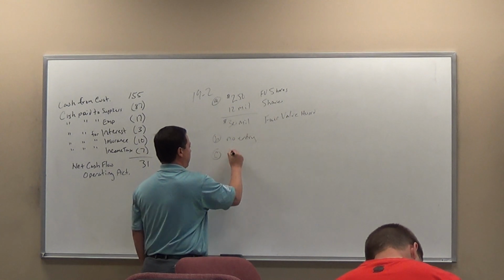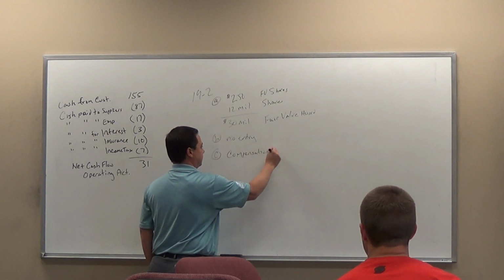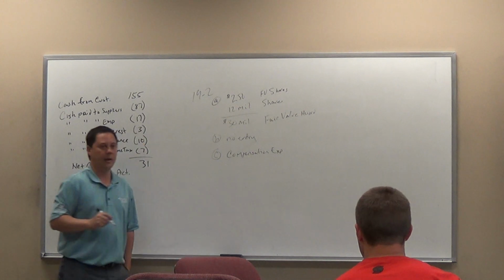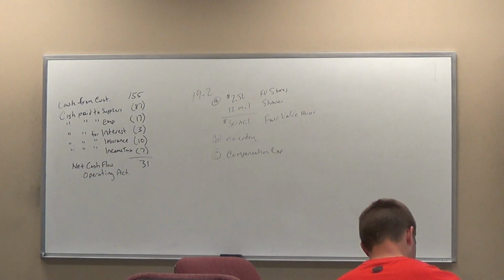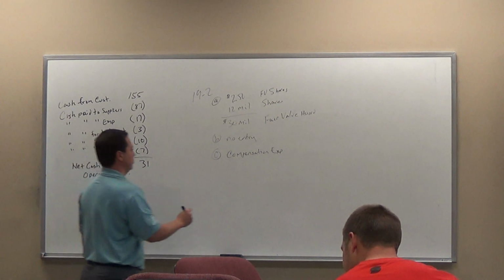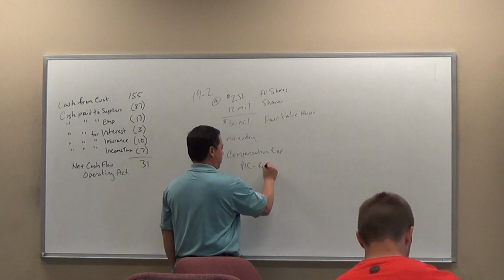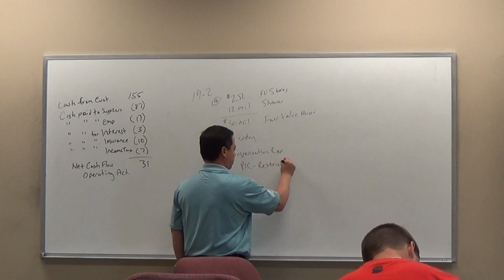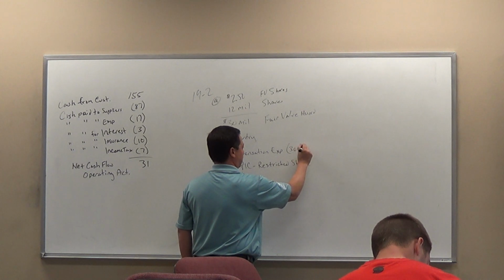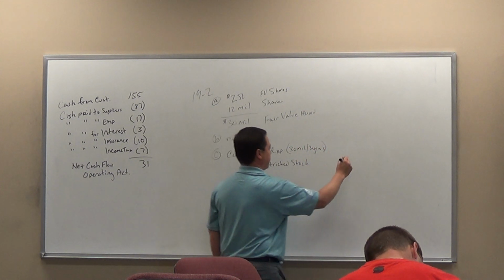C, we have compensation expense. And how much was that? You're going to take the 30 million divided by the 3 years, so that gives us 10 mil.